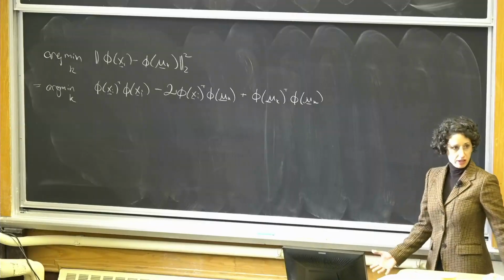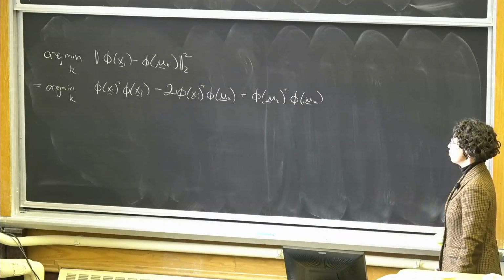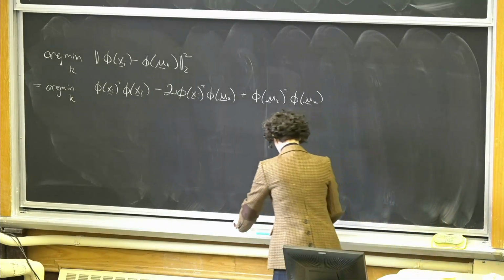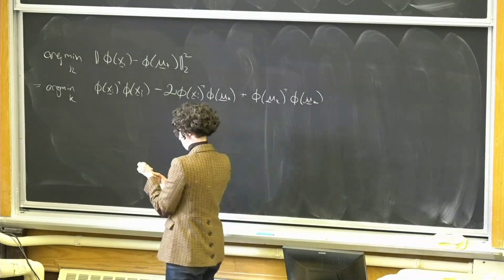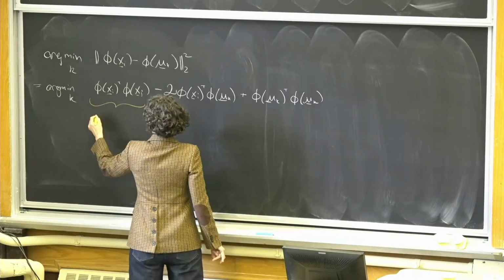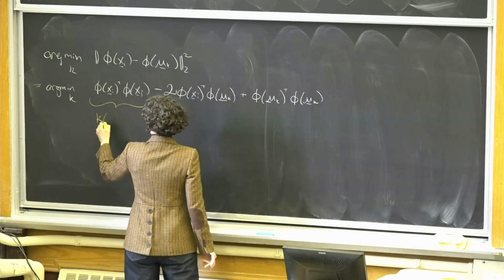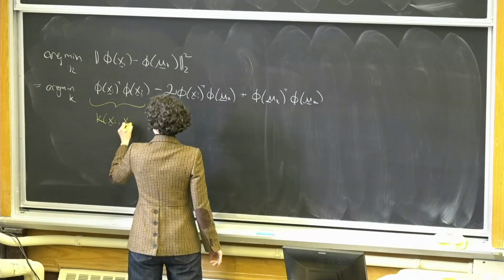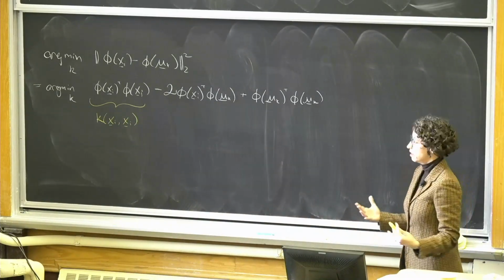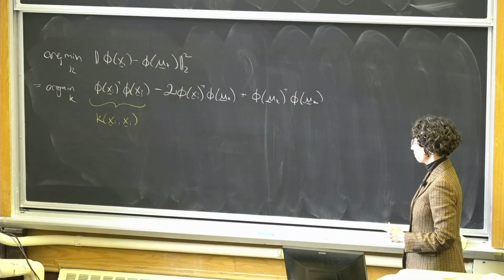So I've just expanded this squared norm into inner products. The first one is easy. Just by the way we've set up these lifting functions, this is our kernel function applied to xi, xi. So already one part of this we can compute using our kernel function.